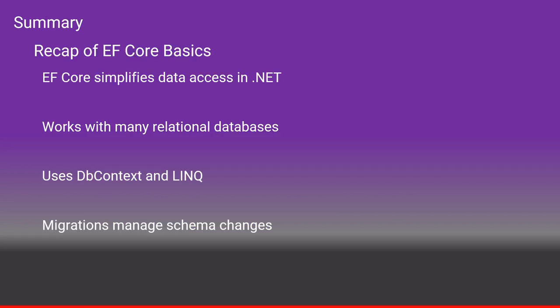To recap, EF Core is a powerful modern ORM that streamlines database access. It supports multiple databases, leverages C# classes and LINQ, and makes managing schema changes a breeze through migrations.